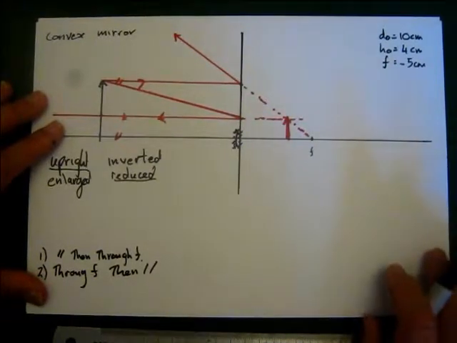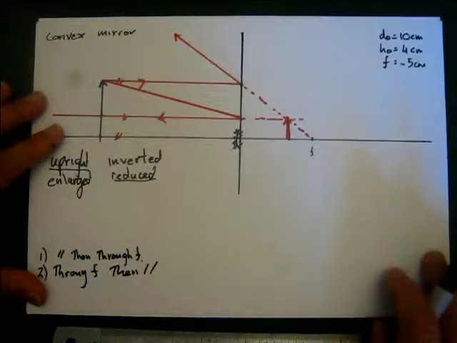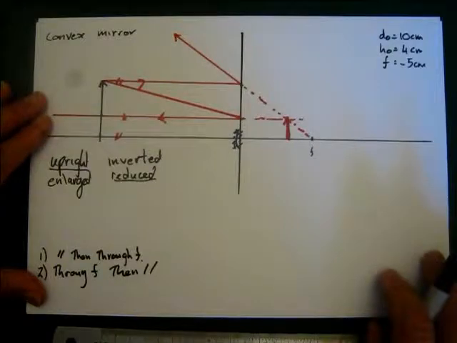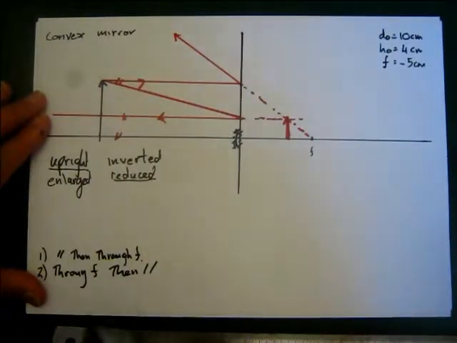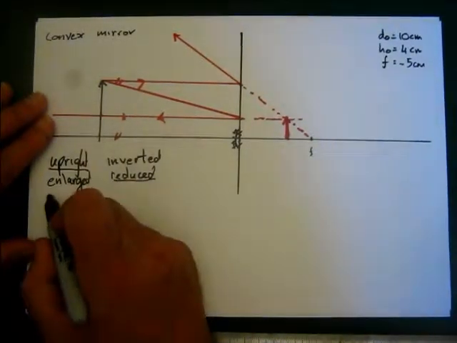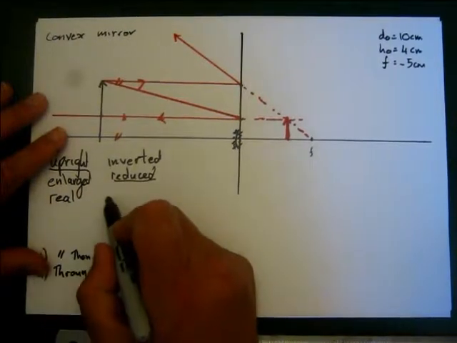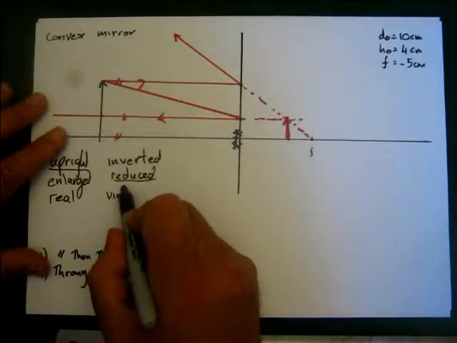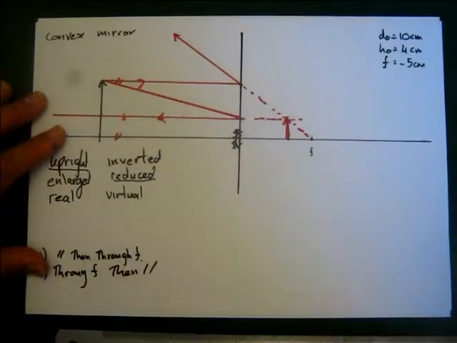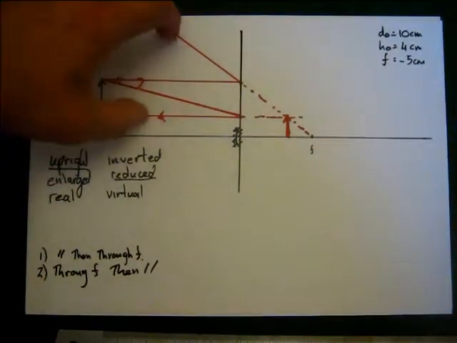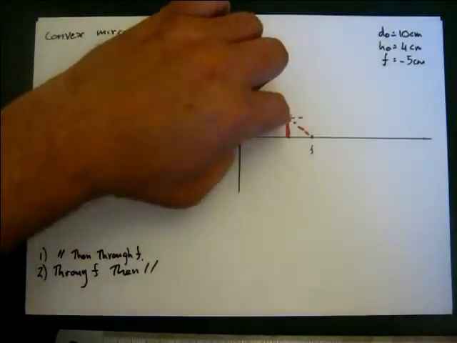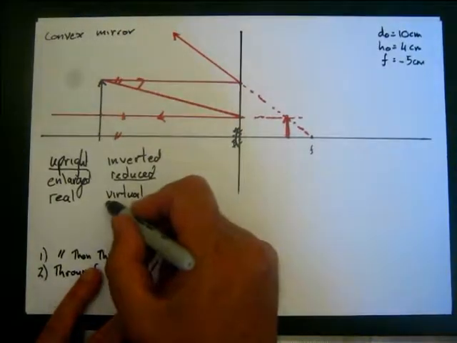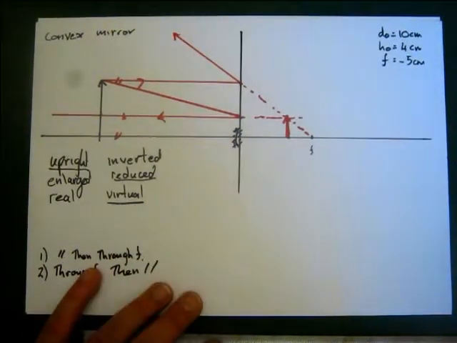That's why in films like Jurassic Park, it says objects in the mirror may appear bigger, because they're looking into a convex mirror. And then, real or virtual? Can we project this onto a piece of paper? These will never meet. Where they meet is dashed lines, so that's going to be virtual.